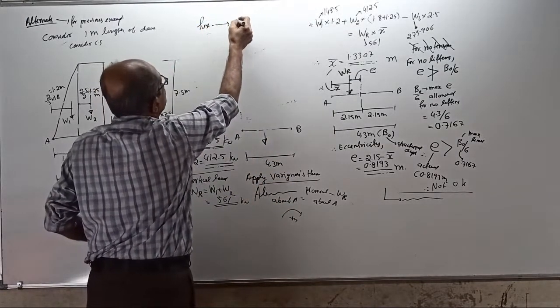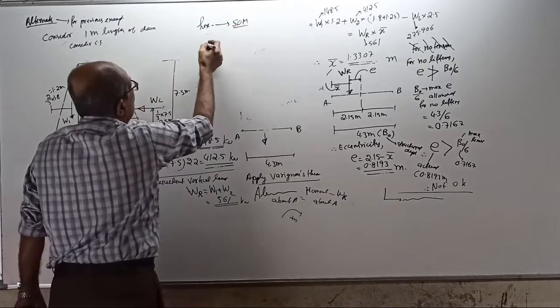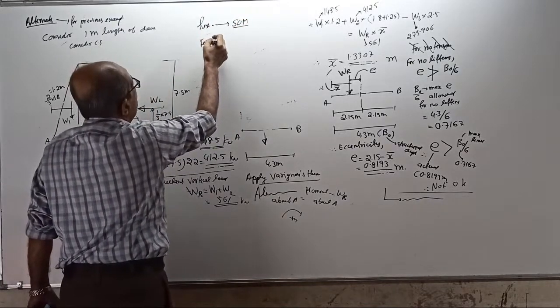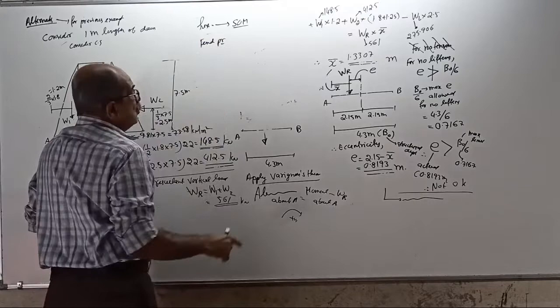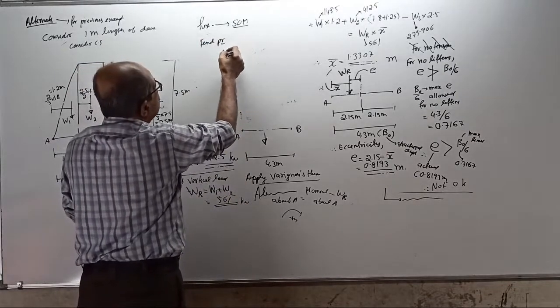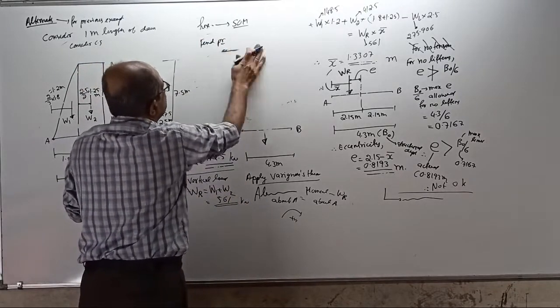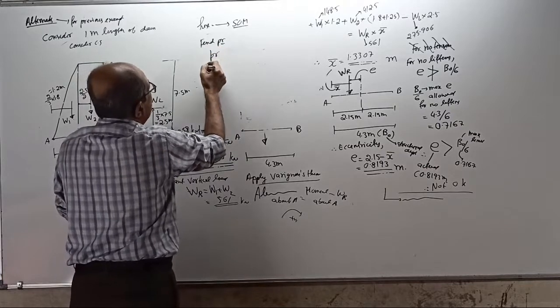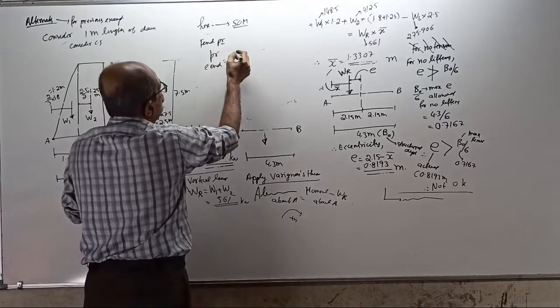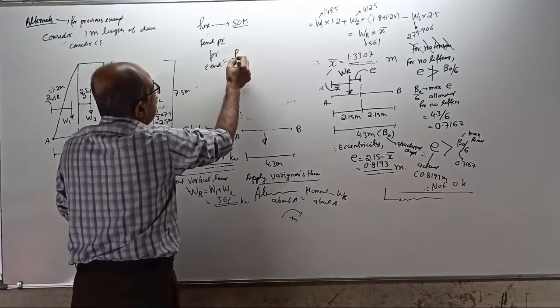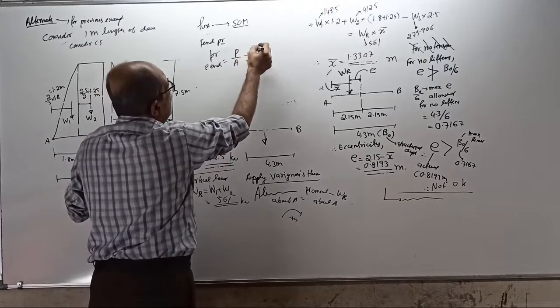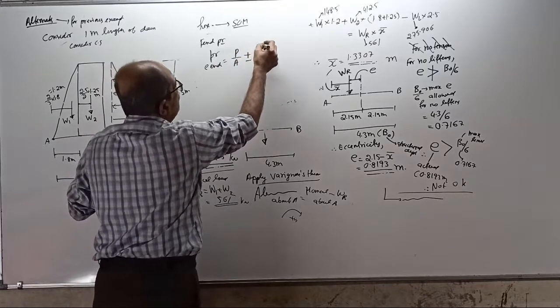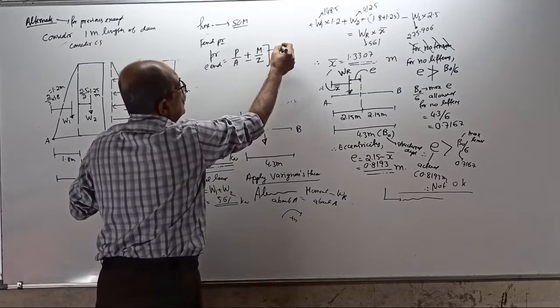But because we are in strength of materials, find the pressure. Maximum pressure at the ends is P by A plus or minus M by Z, our usual formula.